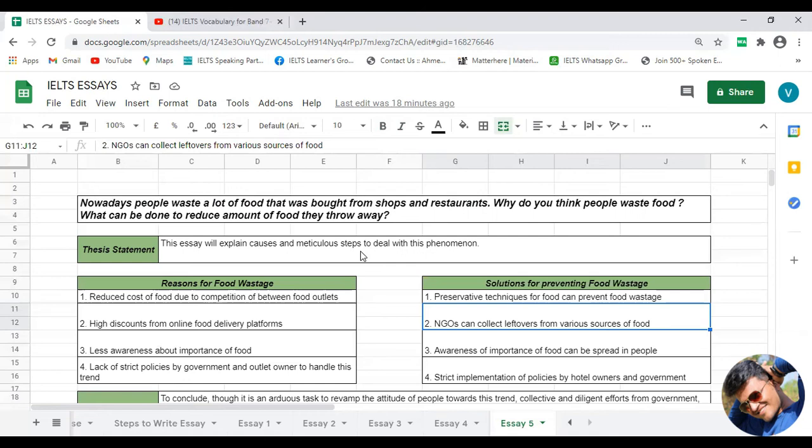They can collect that amount of food from individual entities, and then that can be delivered to the needy people, and in that way also the problem of food wastage can be solved. So I hope, friends, you understand all these four solutions for handling food wastage. And now let's see how these four points can be converted into body paragraph number 2 in my next slide.